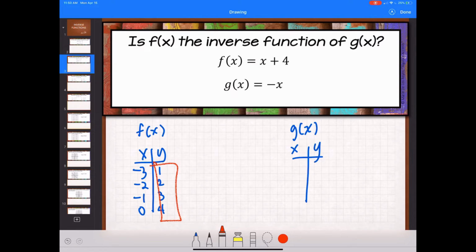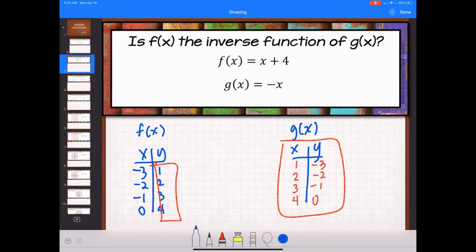I want my y values to become my x values. And I'm hoping that the f of x x values become the g of x y values. So these should reverse if they are inverses. So now I check on my table and I see that, so what I actually have, this is what I want, what I actually have on my calculator.